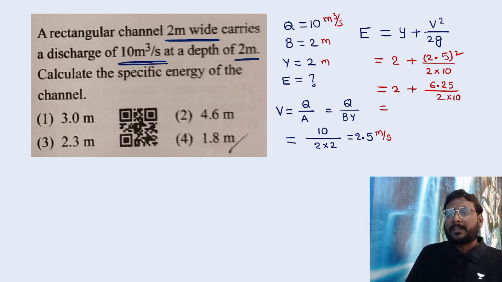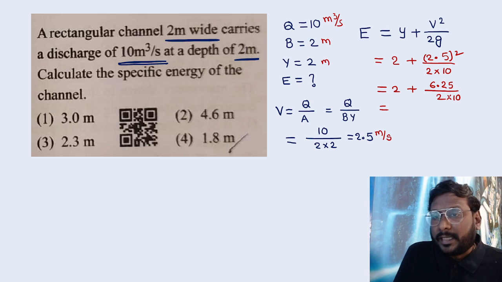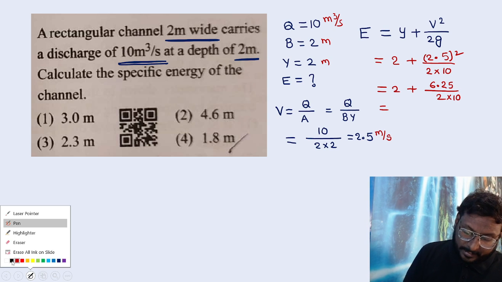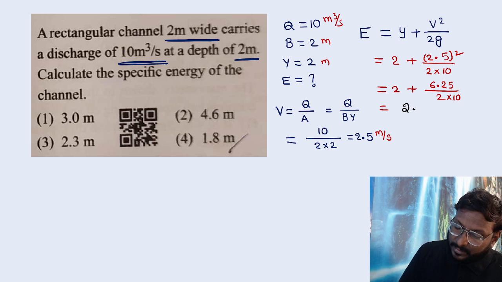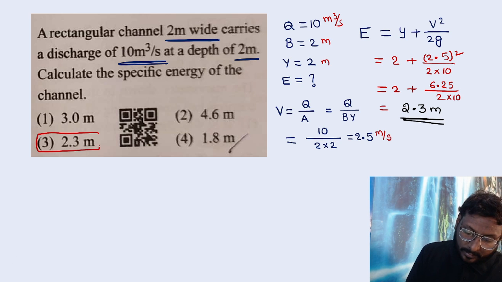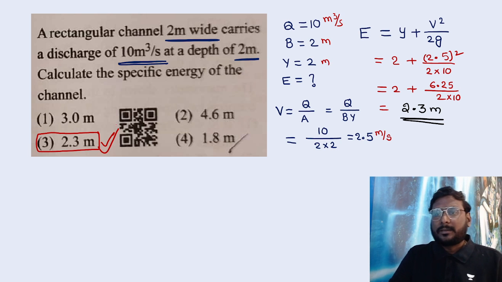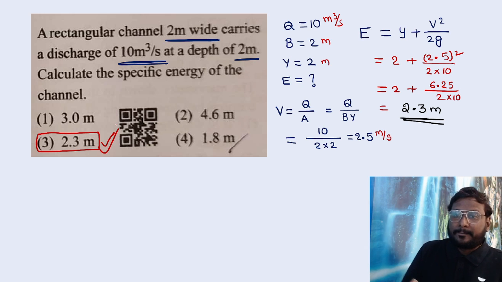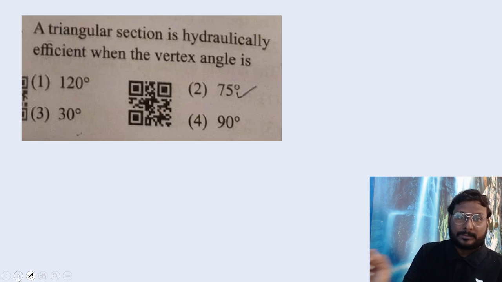So 6.25 upon 2 into 10, you can take 0.625 by 2, which gives around 0.3. So you can consider it as 2.3 meter. What is the answer you are getting over here? 2.3 meter. V square by 2g, 2.5 square by 2 into 10, 6.25 by 2 into 10.